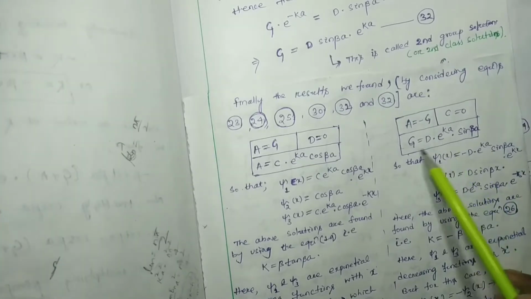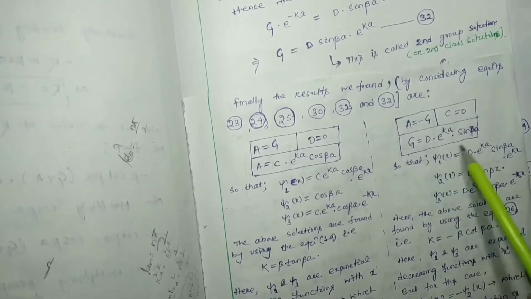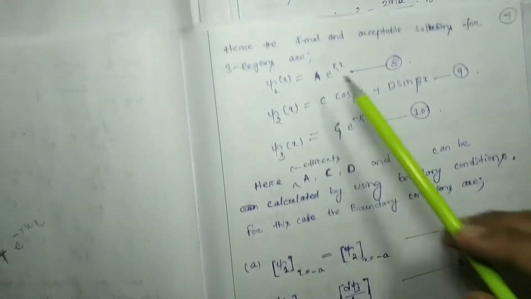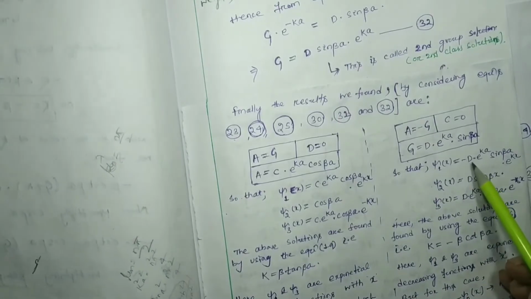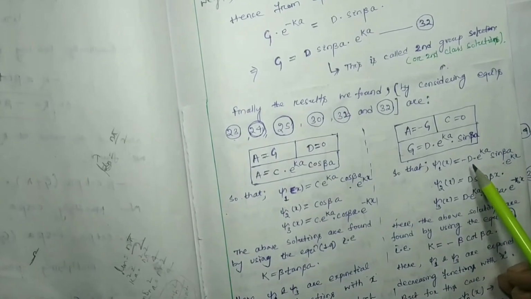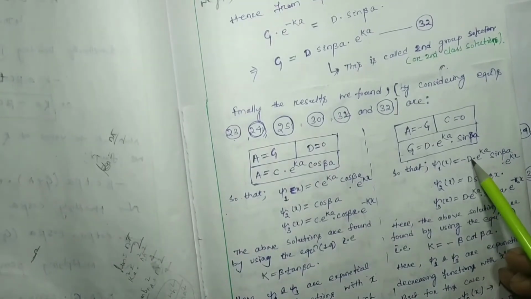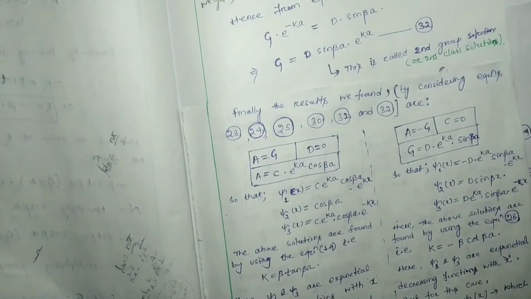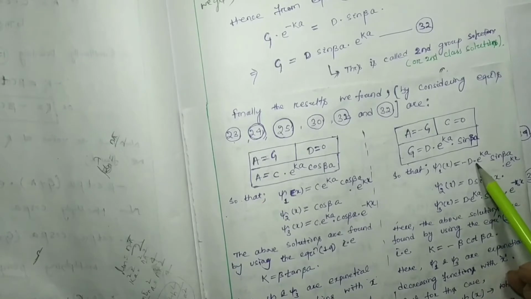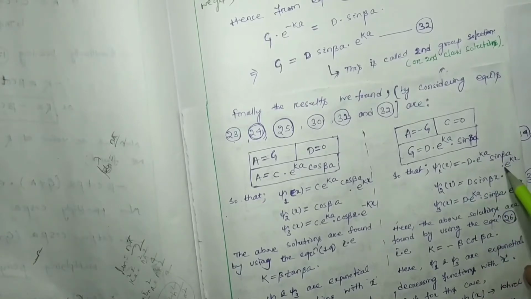We just have to put this value over here, but here A equal to minus G, so it will be minus D e to the power ka sin beta a into e to the power kx.